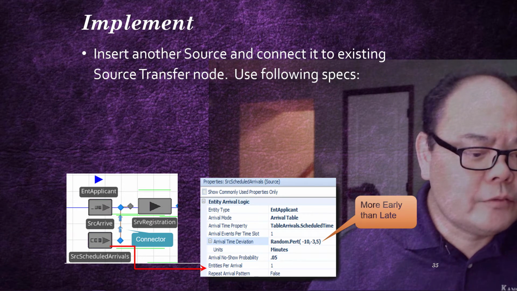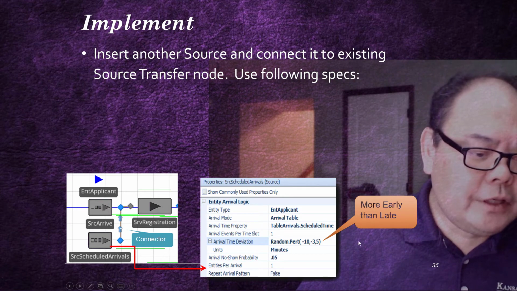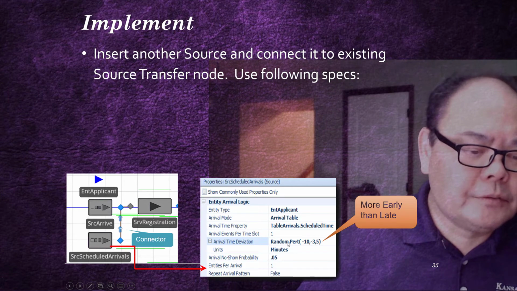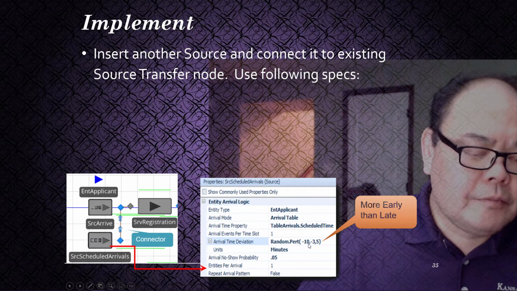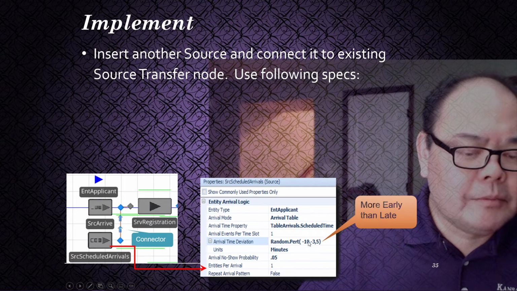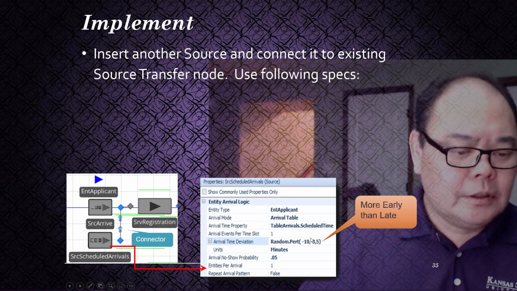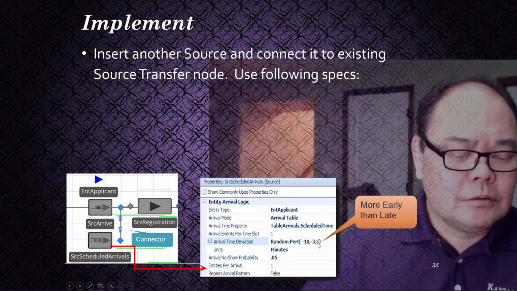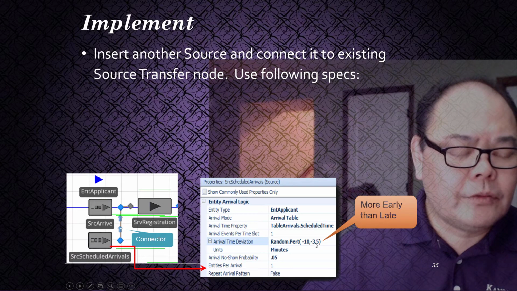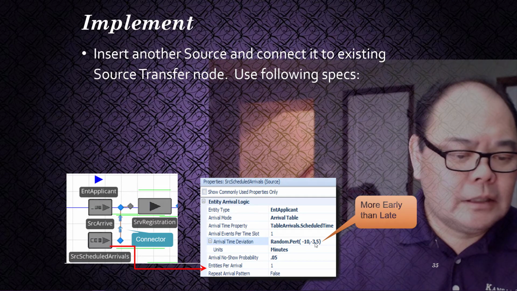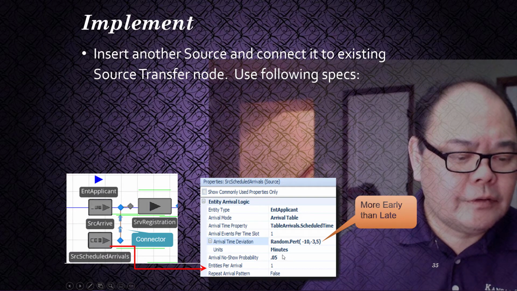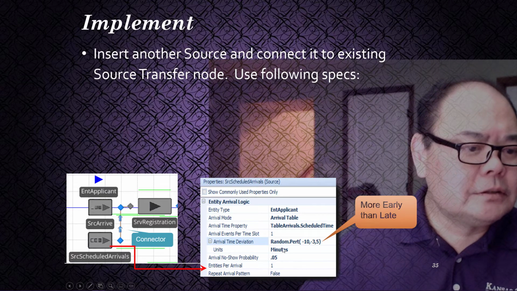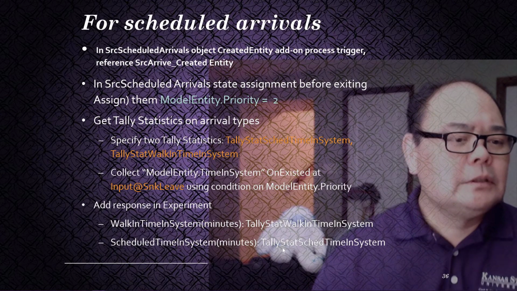And then we have arrival time deviation, which represents random values of -10, -3, and 5. -10 means they could probably come in 10 minutes early or 5 minutes late, but most likely will be 3 minutes early. And the no-show probability represents that there's a 5% chance the scheduled arrival won't show up.